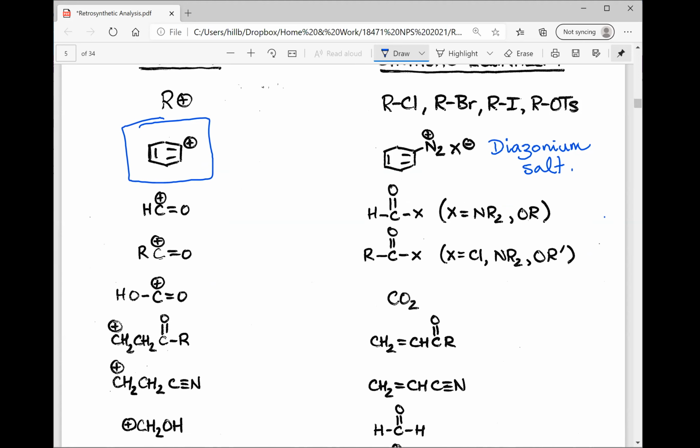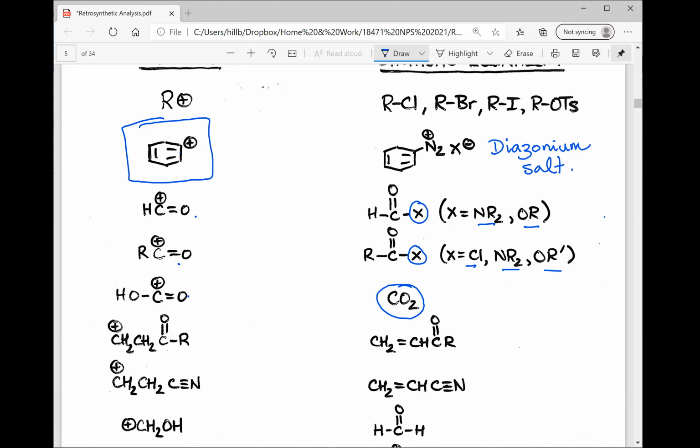For all of the various carbonyls with positive charges, you can usually just add either a chlorine or conceivably an amide or an ester. So those can be the leaving groups necessary, depending upon the type of reaction. If you need to make a carboxylic acid, you can start with dry ice.